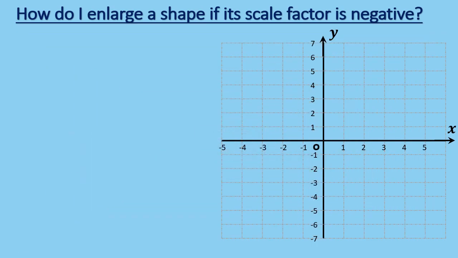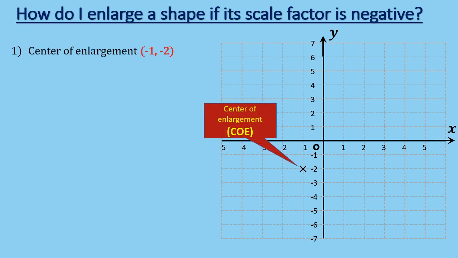Let's run through that example to ensure you fully understand the steps involved. The enlargement center is at (-1, -2). The scale factor is -2. And the shape is the triangle ABC. Let us write down the horizontal and vertical distance between the vertices on the object and the center of enlargement.